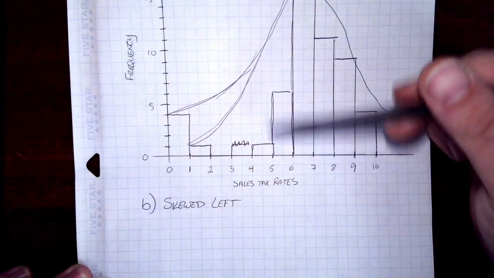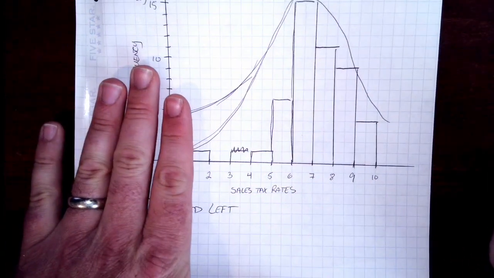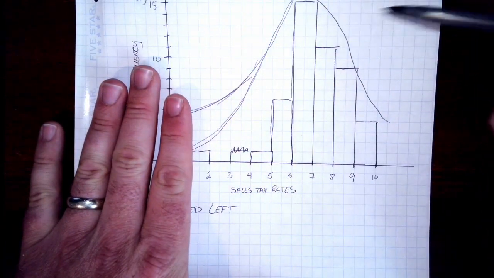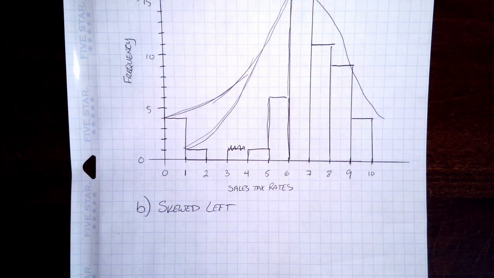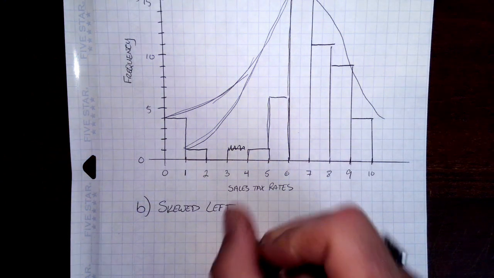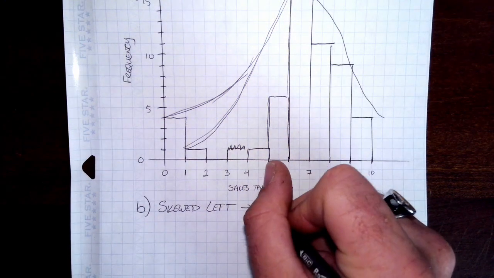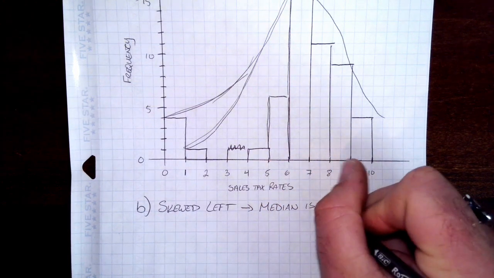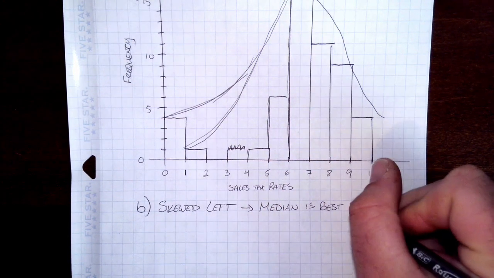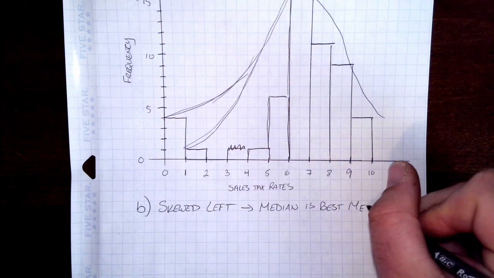Again, our highest point isn't in the middle of our picture. Even if we take this part out, our highest point is actually a little bit more on the right. It means our tail, our pull, our skew is going to the left. If we are skewed at all, that means the median will be best. IQR goes with the median.